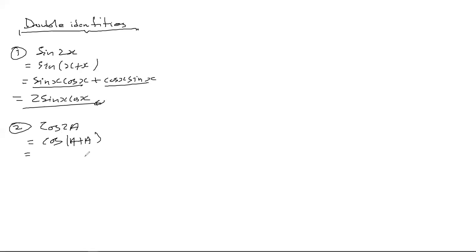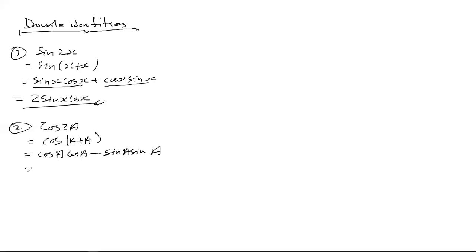So of course, you start by breaking that down, and we're going to apply the compound identity now for cos, and in the case of addition, cos A cos A minus sine A sine A, right?